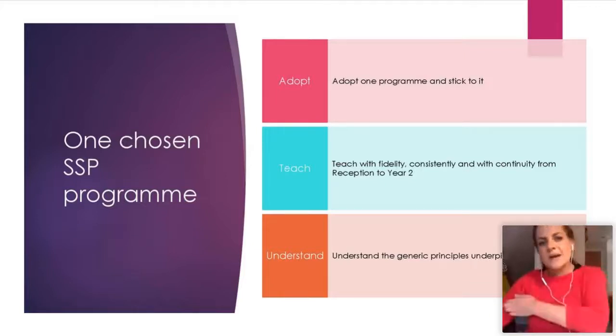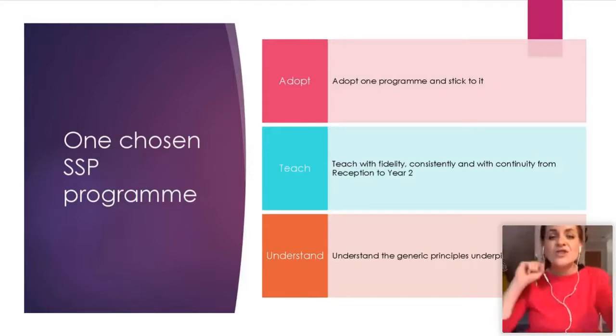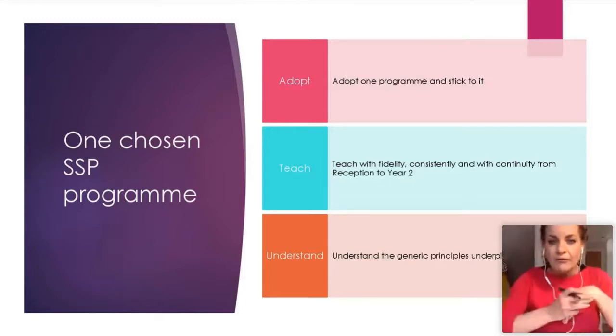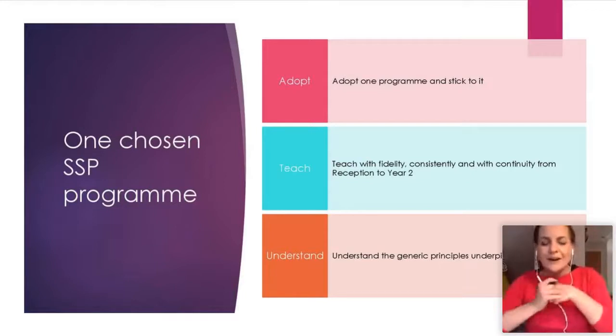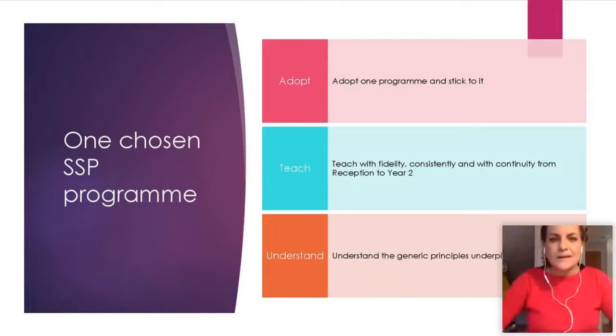The idea is that we teach it with fidelity, so we don't cherry pick techniques from other programmes. Their techniques have been chosen specifically for their delivery, and if we mix them, that's when we confuse the learner.